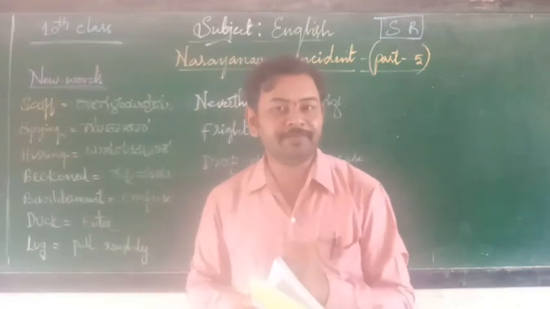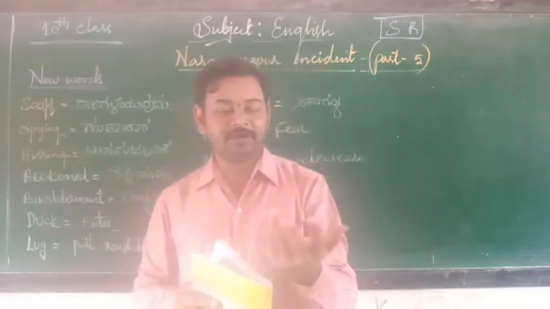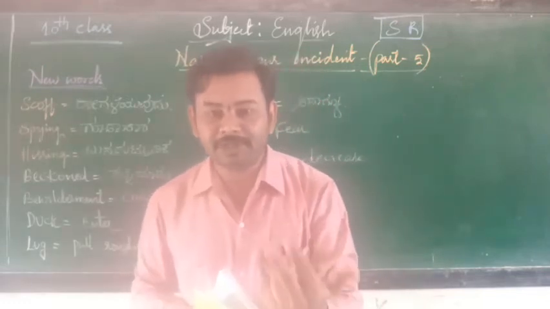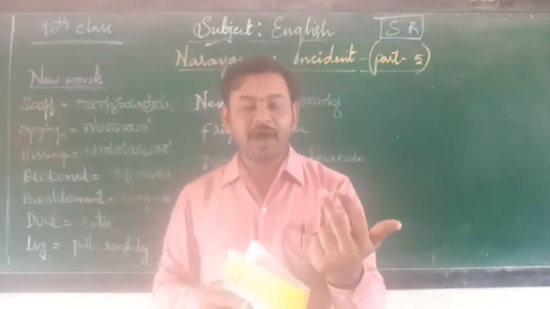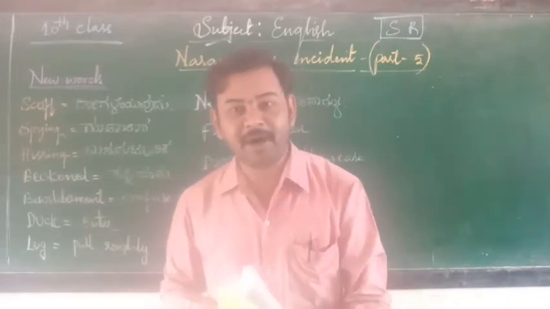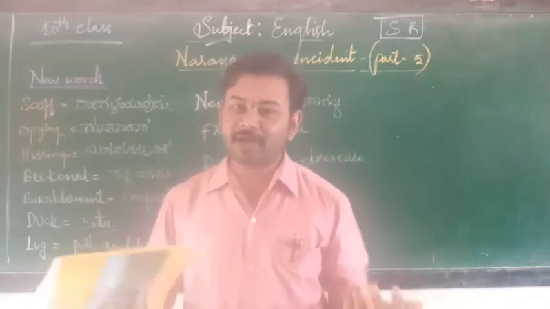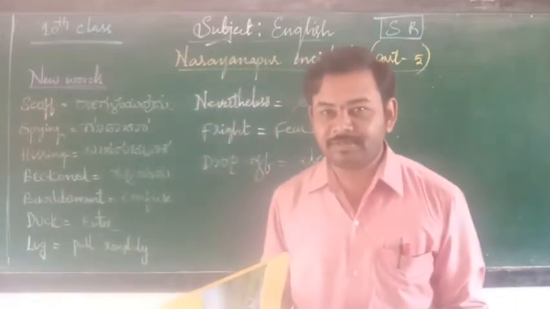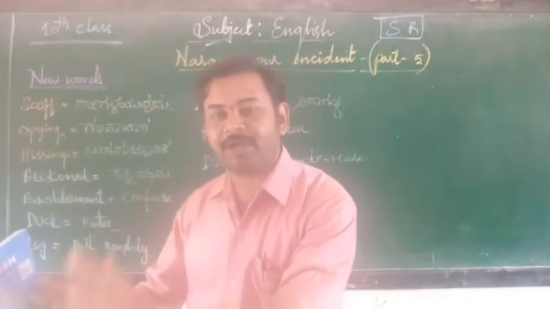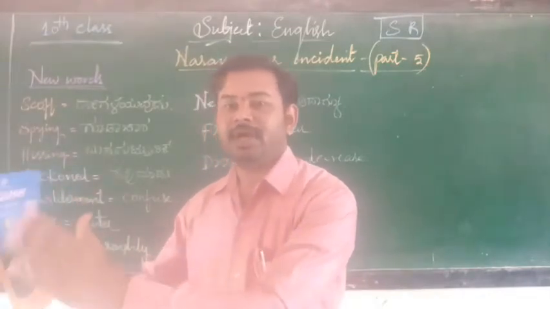We may list them out: the arrival of Mr. Patil, the police sub-inspector, and the conversation between Mr. Patil and the family members, including Amma, Mohan and others. Got it?